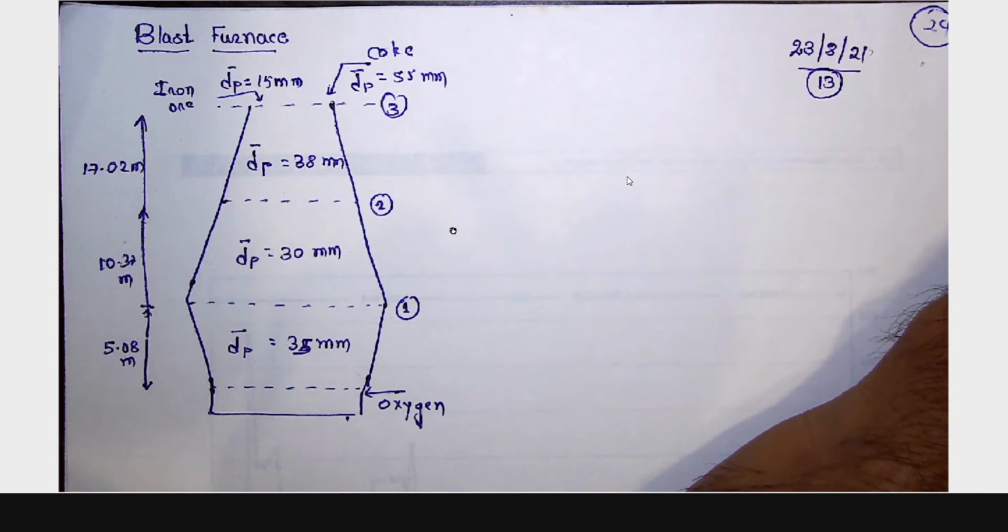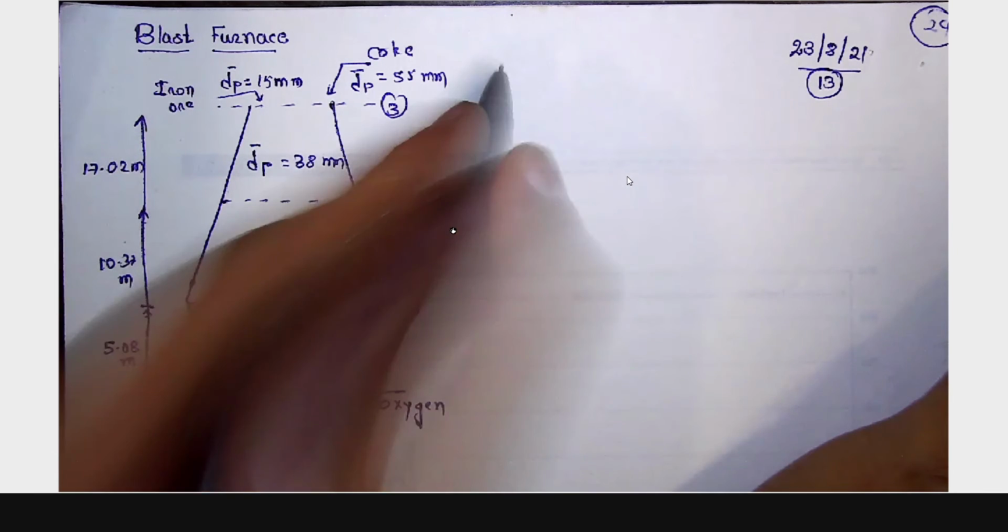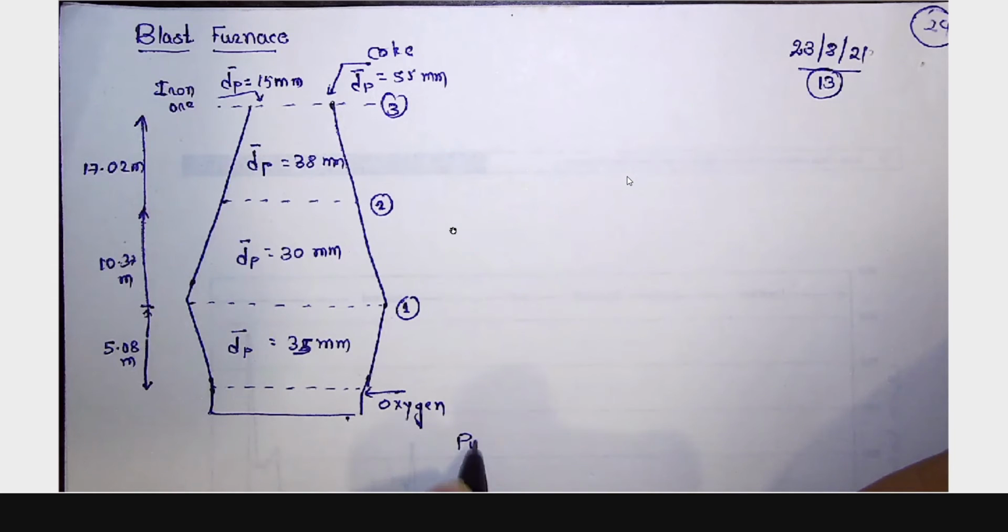Now when the residence time distribution has been performed, we give the tracer, and a pulse input we give by the gas, and we measure it.